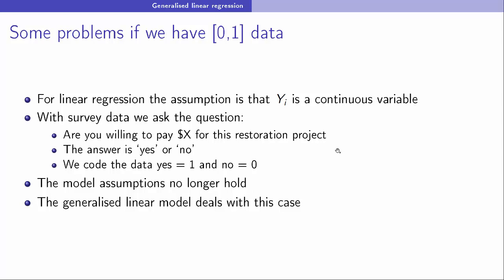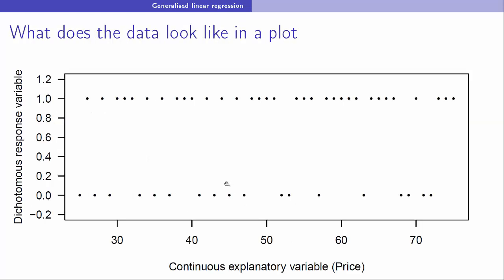We go out and we survey people and ask them the question, are you willing to pay some amount to achieve this restoration project? And they either answer yes or no. And then we code this data as 0 or 1. So when we've got 0 or 1 data, we're going to have some problems in relying on the standard linear model. So what does it look like?